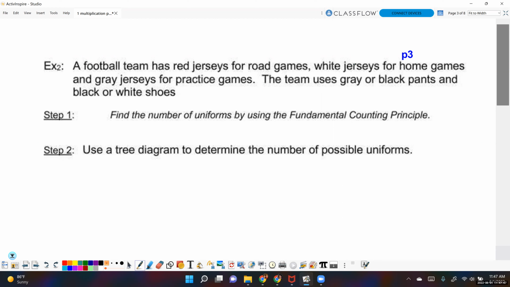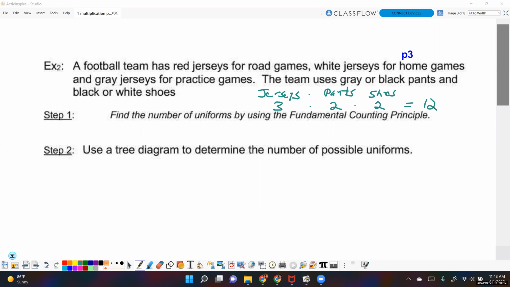For jerseys, I have 3 options. Then I have pants. In pants, I have 2 options. And then I have shoes. And shoes has 2 options. So 3 times 2 is 6. Times 2 is 12 different uniforms.